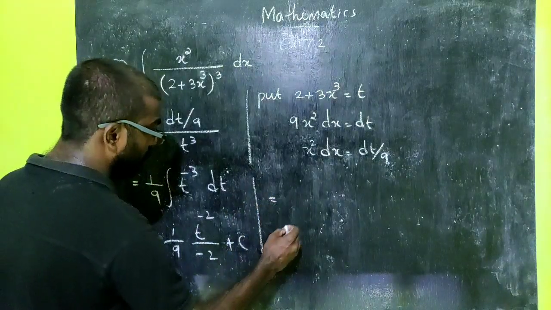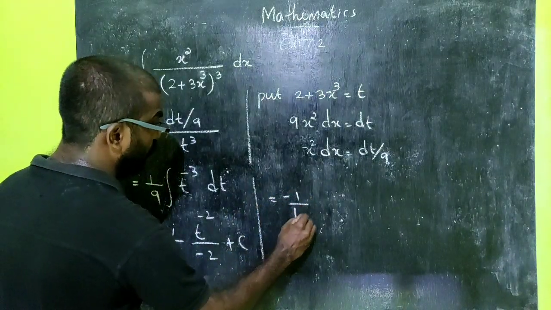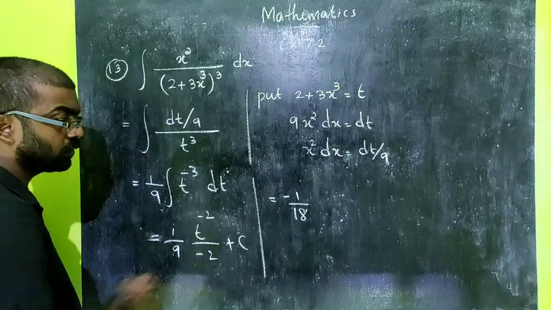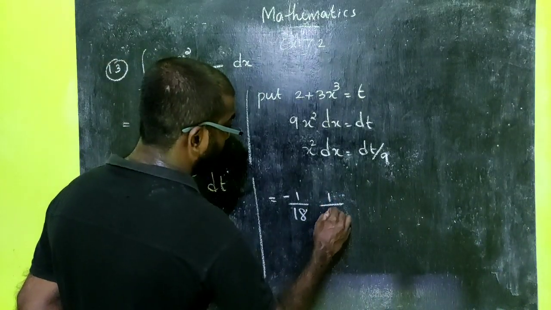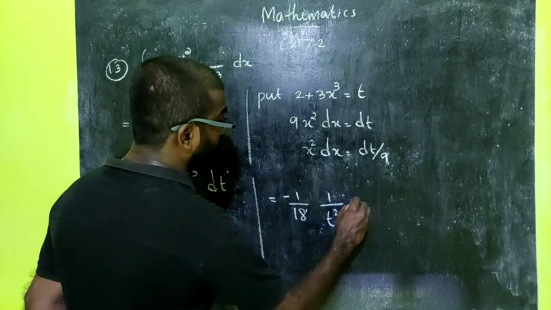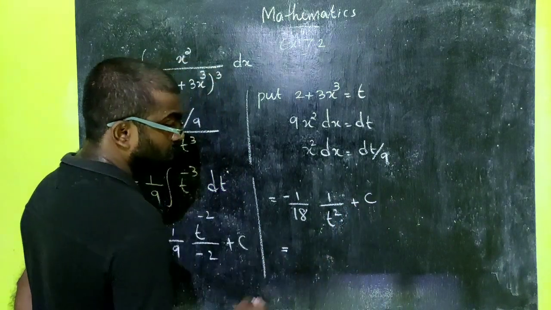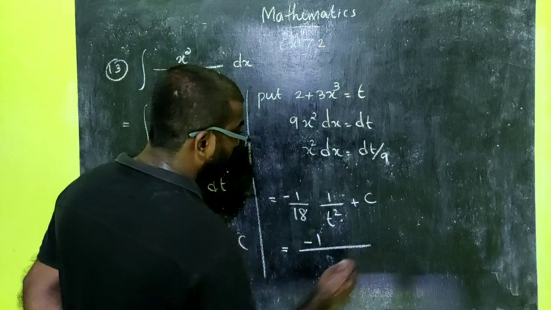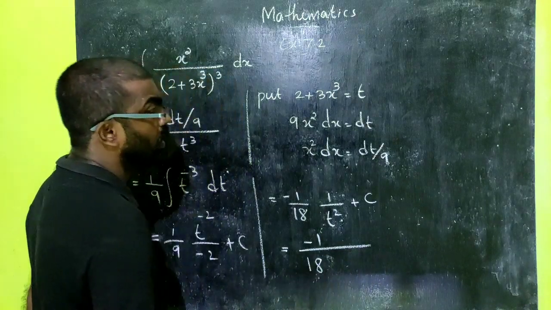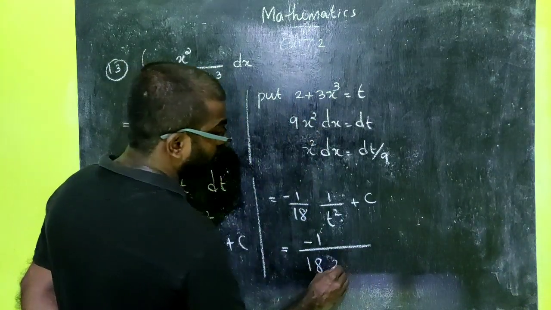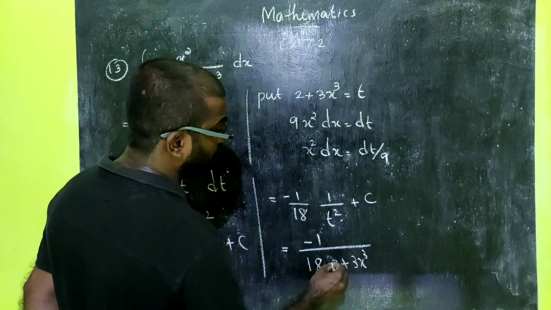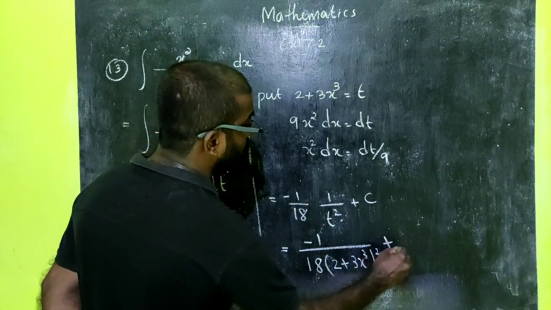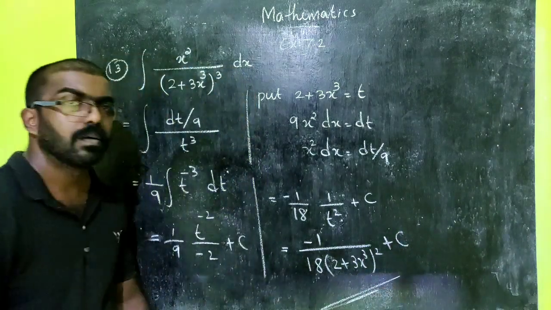Which is equal to minus 1 by 18, 9 into 2 is 18, t raised to minus 2. T raised to minus 2 can be written as 1 by t square then plus c. Or we can write minus 1 by 18, and the t value we can replace, 2 plus 3x cube the whole square plus c. Clear?